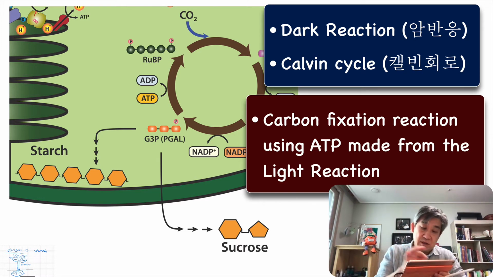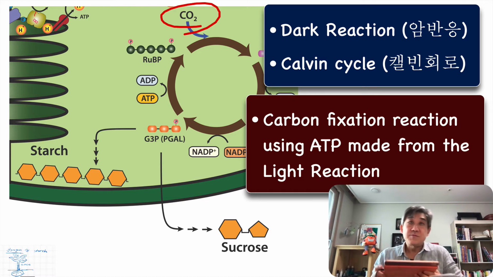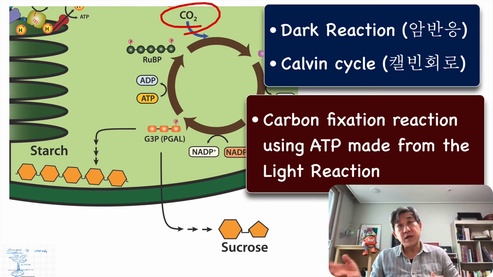What do we mean by carbon fixation? Atmospheric carbon dioxide is being fixed into the plant system to become a more complex form of sugar, like glucose. For that, energy is required, so the ATP made from the light reaction is used.